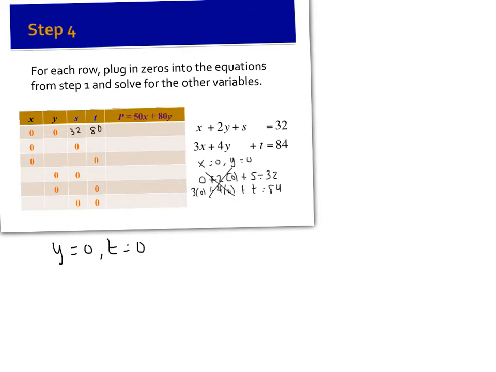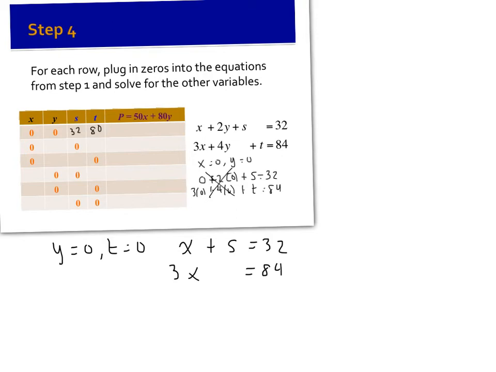And so when I plug that in, my first equation is 2x plus s equals 32. Notice that I don't need the 2y because y is 0. And then my other equation is 3x is equal to 84. And notice the y is 0, so I don't need this. The t is 0, so I don't need that one. And so now I just go through the process of solving.